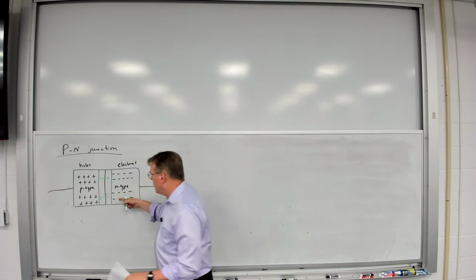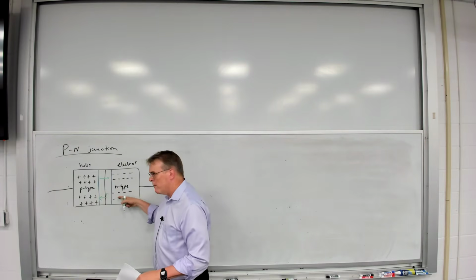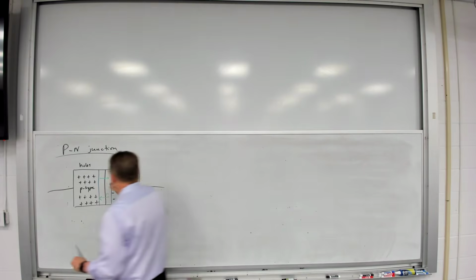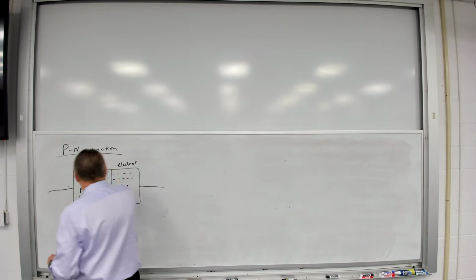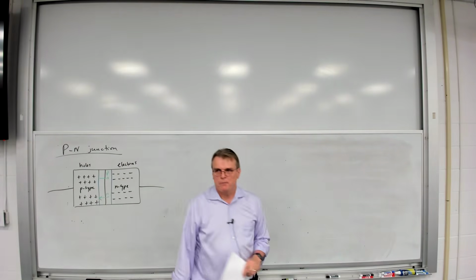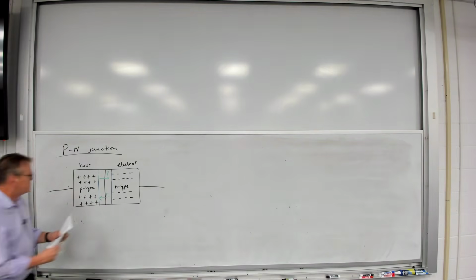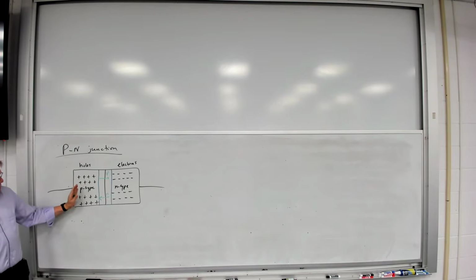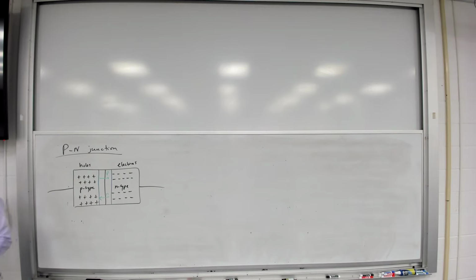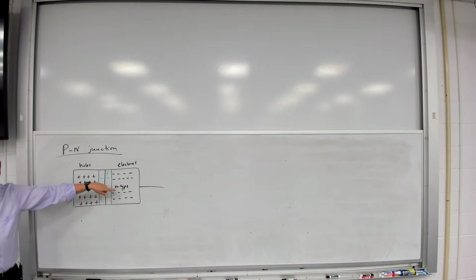So electrons are going to cross over from the right to the left, and holes are going to cross over from the left to the right. Now, think what happens here. As these holes drift across into this n-type region, those holes are going to combine with the electrons in this region, and they're going to cancel each other out.